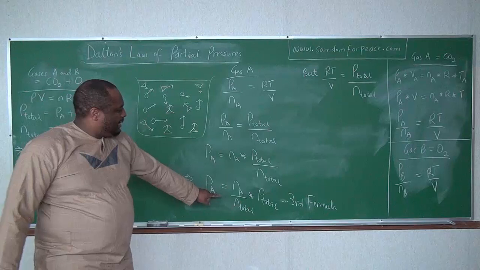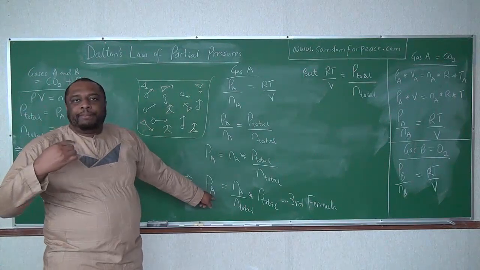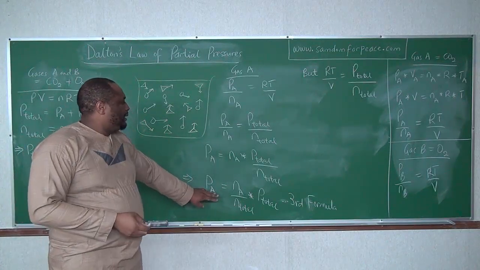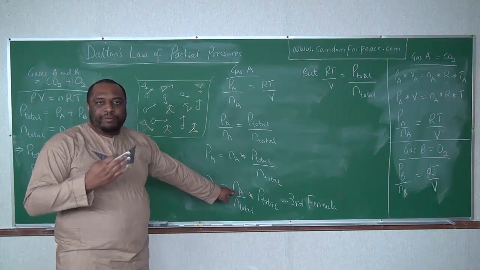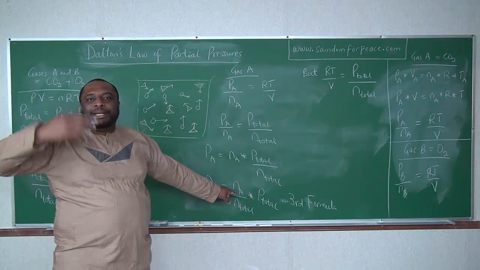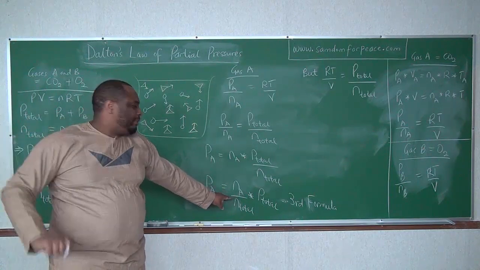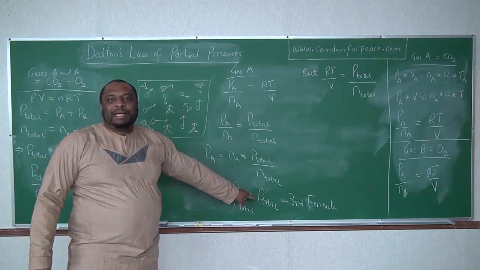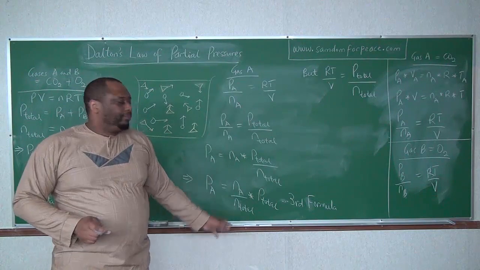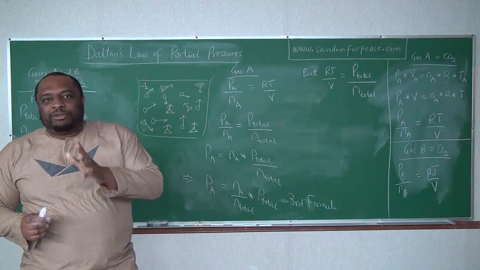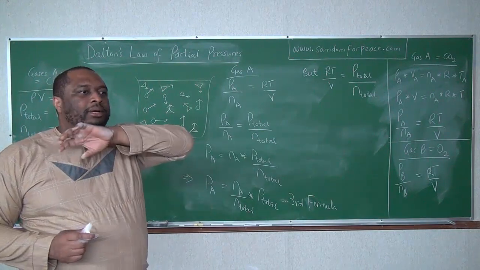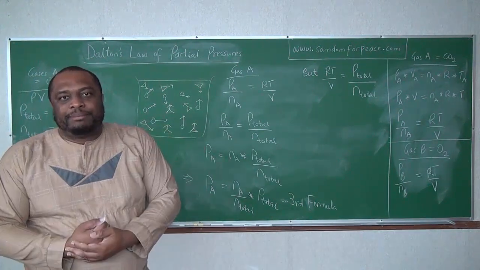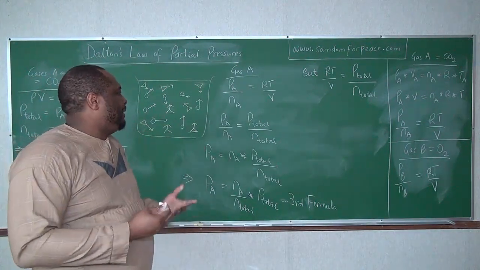So as you can see here, another way to calculate the partial pressure of the gas is the mole ratio of the gas to the total number of moles times the total pressure. Because sometimes they give you the mass in grams.